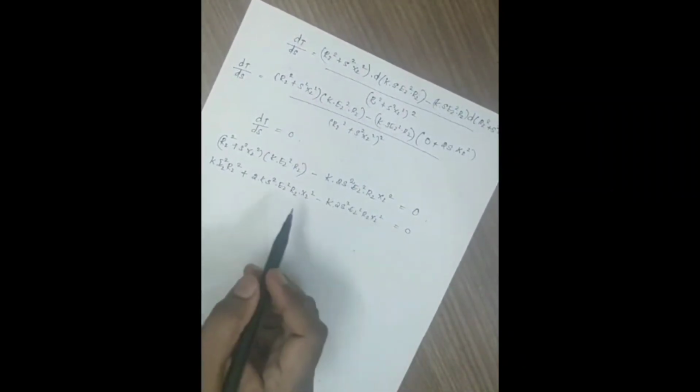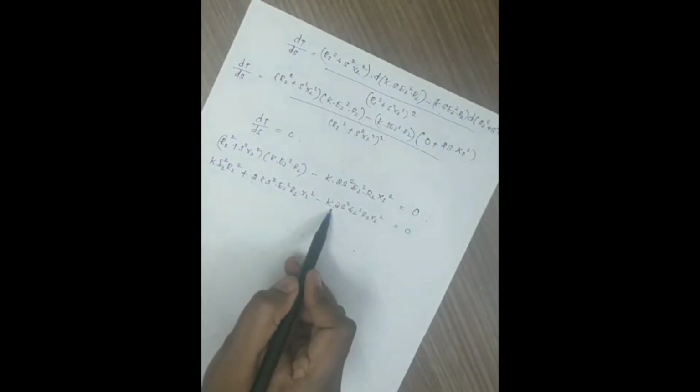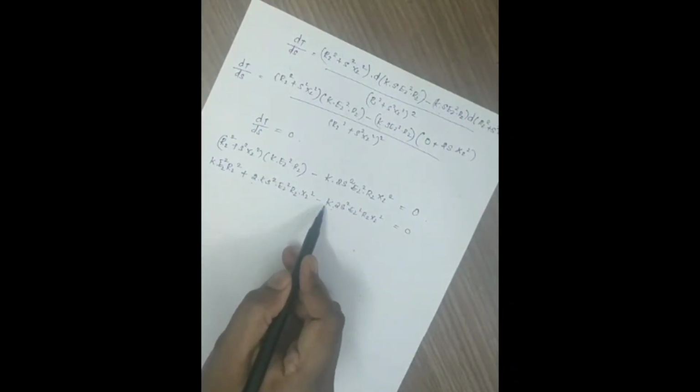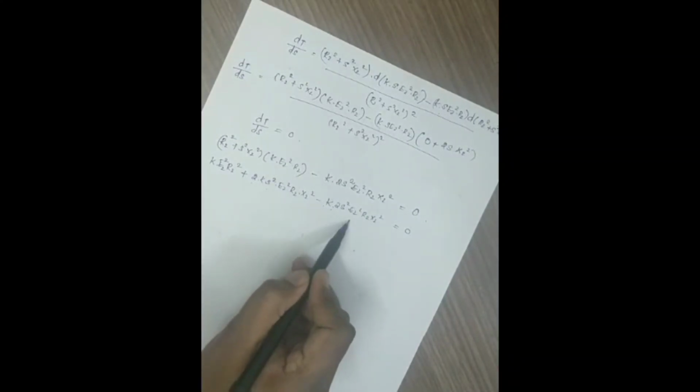If you see the equation carefully, this term has the number plus 1 and this one has the number minus 2, so I subtract these two parts.